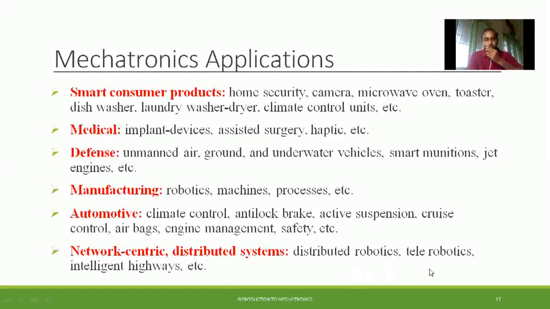Different distributed robotics, tele-robotics, and highway intelligent robots. Highway intelligent robots, in the sense of vehicles being carried, have a best example in the toll gate system. In the toll gate system, the door is automatically laid down.